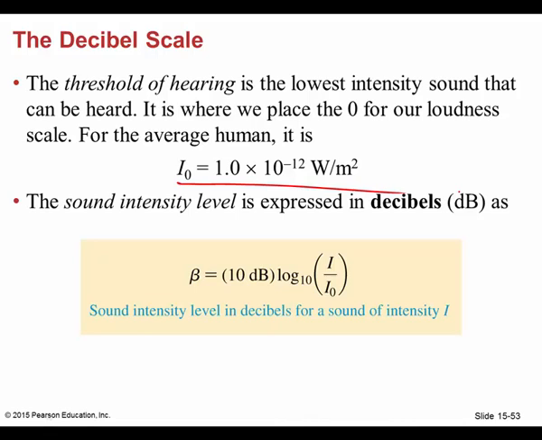But how do we find the sound intensity level, the Greek letter beta, which represents decibels for any particular sound? Well, notice it is 10 dB, in other words, 10 times the log of I over I naught, to find the actual intensity of sound in decibels.